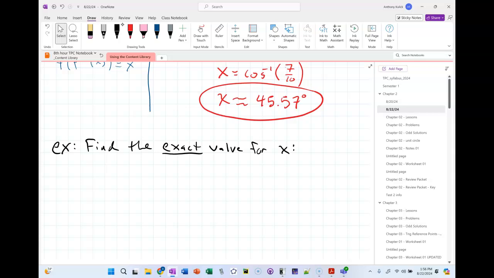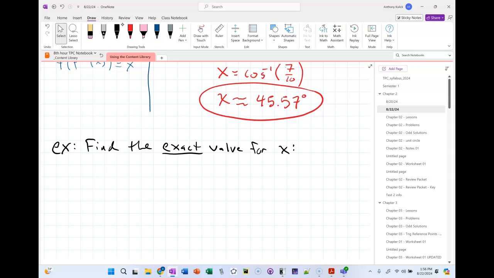Okay, so a whole number is an example of an exact value, but not just whole numbers. An exact value has no rounding. So if you had to round an answer, it was not an exact value. So your exact value will be a whole number, sure, or it could be a terminating decimal, like 0.5, or it could be a fraction, or you might have to write it with a radical in it, like 3 times the square root of 2, or like 3 pi or something.